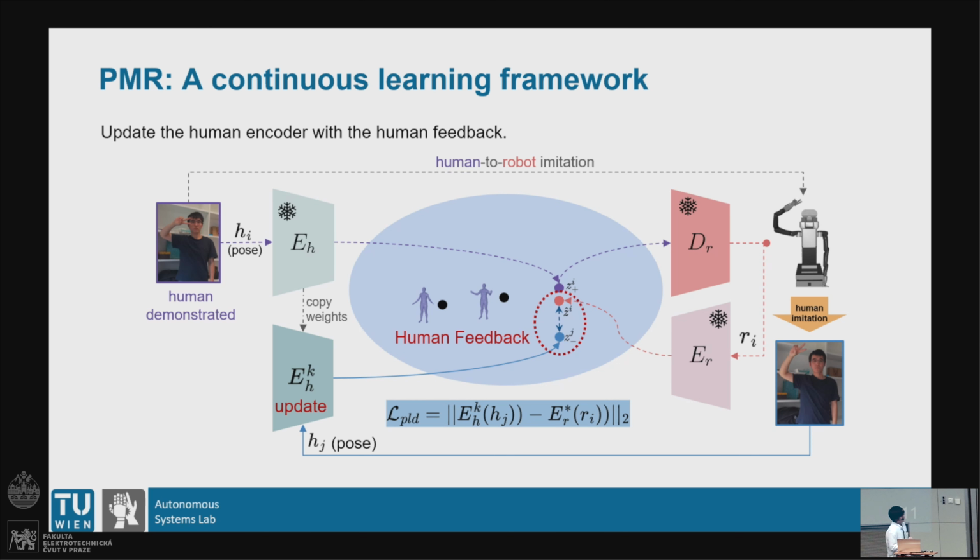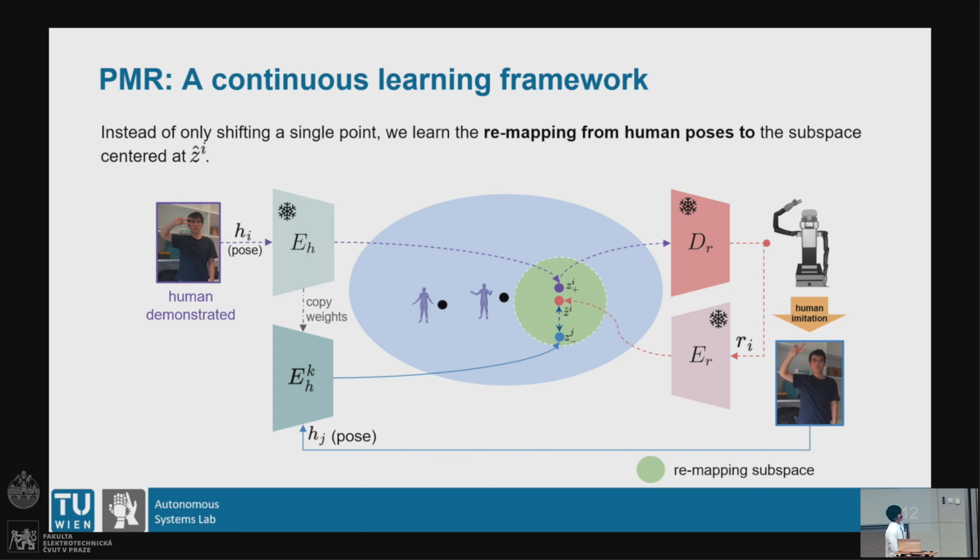So, of course, we have a constraint to minimize this discrepancy, so that these 2 points are close to satisfy the human's expectation. But if we only have this single constraint that moves one point to the other point, then we will violate the continuity in our latent space, as I showed in the result before. And then we decided to have a local region, a remapping subspace, centered at where the human wants to correct.